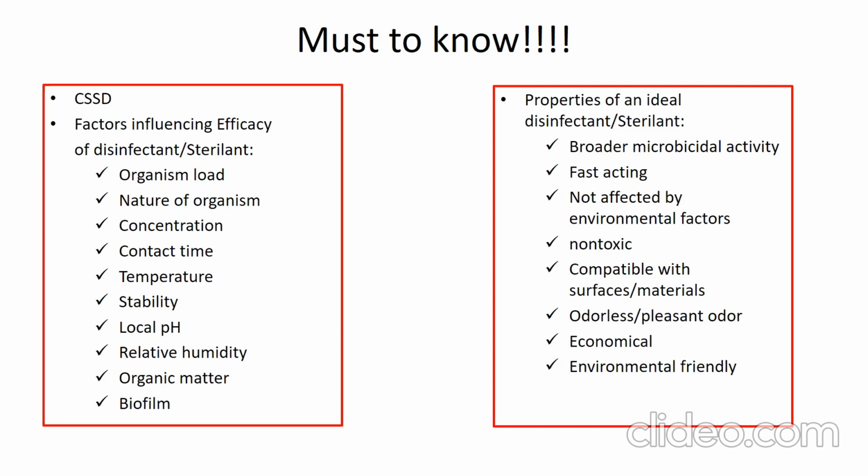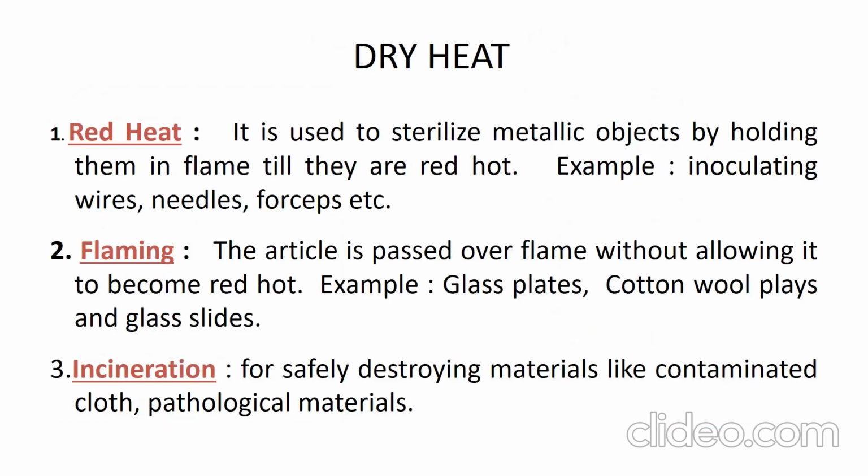High level disinfection is used for critical devices, intermediate level disinfection is used for semi-critical devices, and low level disinfection is used for non-critical devices. Critical devices are the ones which have direct contact with your bloodstream. Semi-critical devices are used where we have mucous membranes, and non-critical devices are the ones used on your skin or on surfaces.